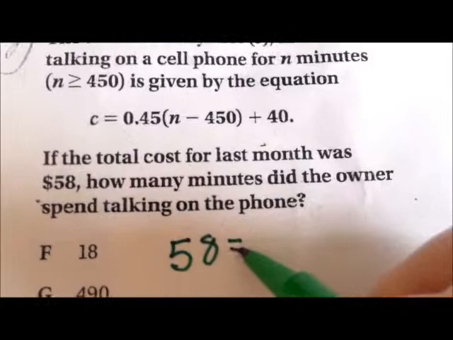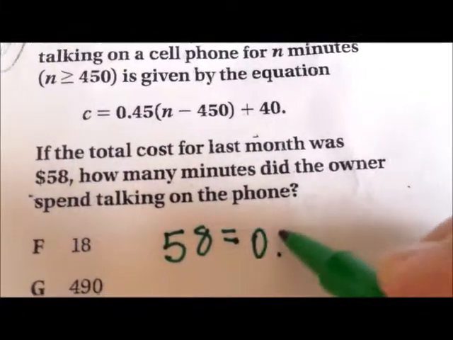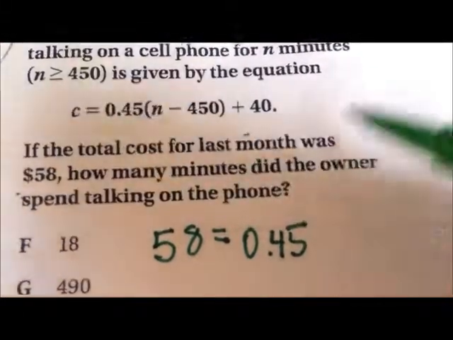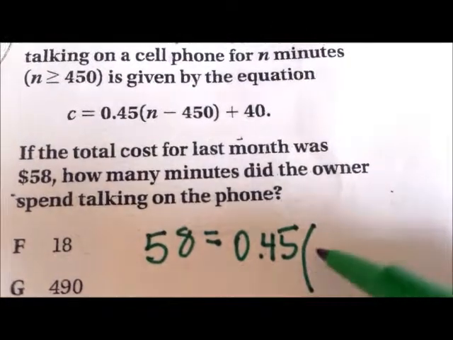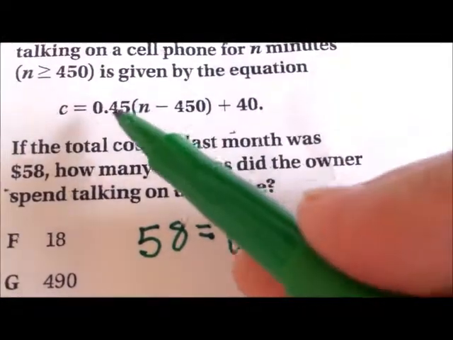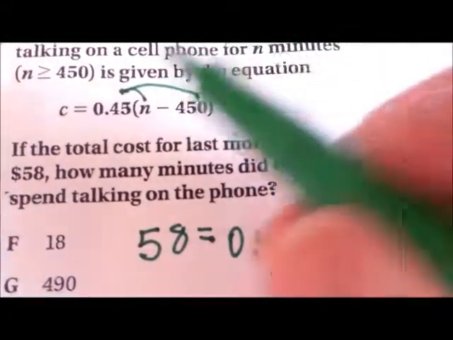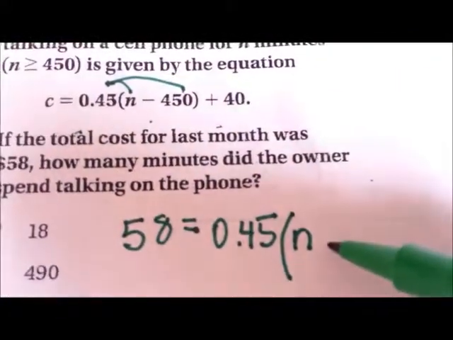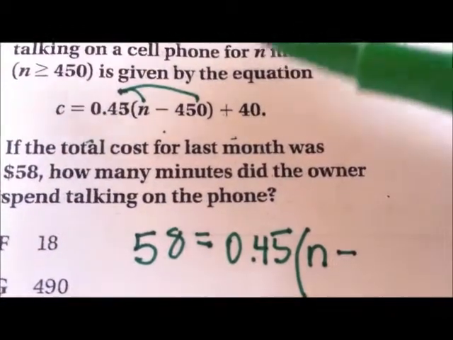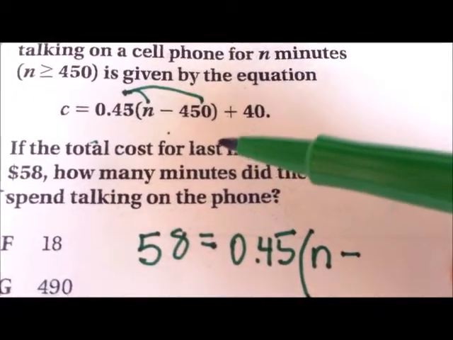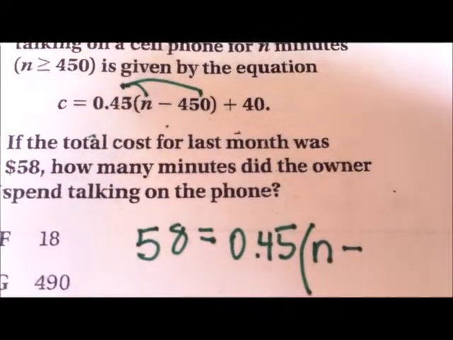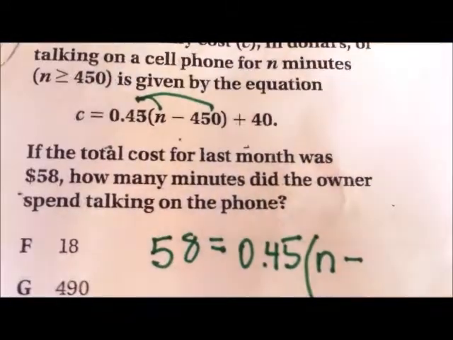So 58 equals 0.45 times N. I'm doing my distributive property here right now. And then a positive times a negative is going to be negative, let's see, 0.45 times 450.